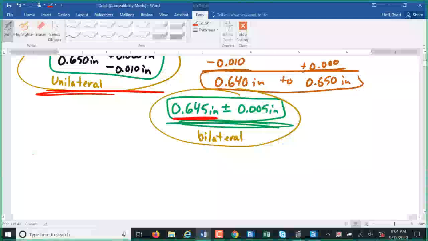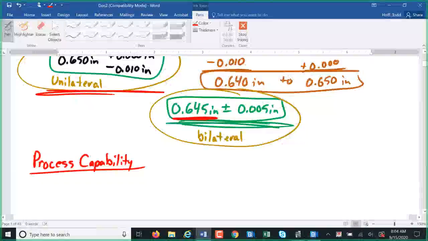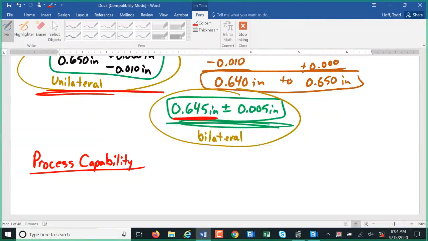I won't get too technical with it, but it's a term called process capability. Let's say that you're looking at a 95% quality, so you want less than 5% of your parts to be outside of your allowance, outside your tolerance. So let's say that your process is capable of producing 95% of the parts to within 2 thousandths of an inch.